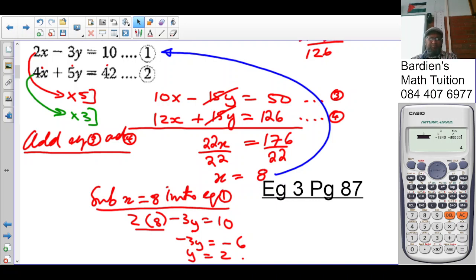Your next heading, problems leading to linear equations.